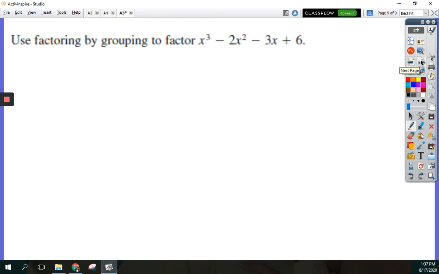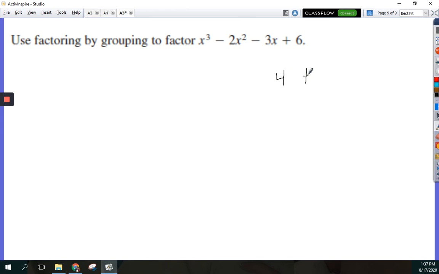Now, in our last example, it tells us to use factoring by grouping to factor. So notice that we have 4 terms here. So if you have 4 terms or more, we have to factor by grouping.